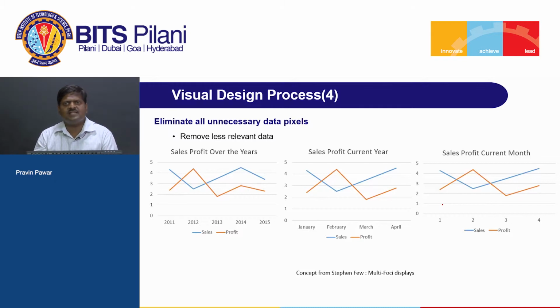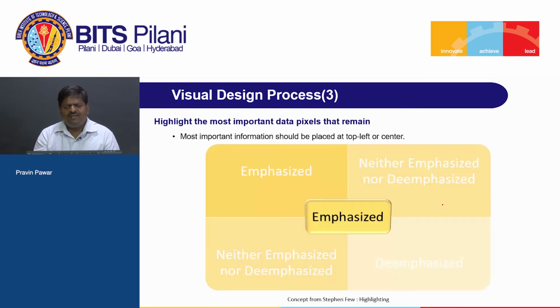The example we are seeing here showcases the same thing. The yearly sales, the current year sales and the current month sales are segregated from each other, and the different levels of users are happily able to infer the point of their interest out of these visualizations.